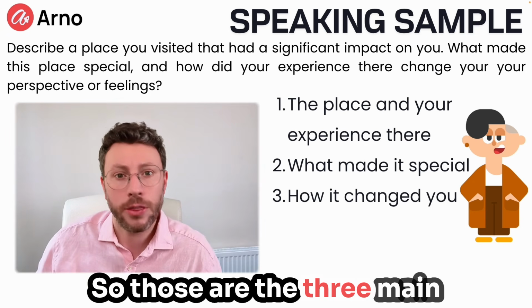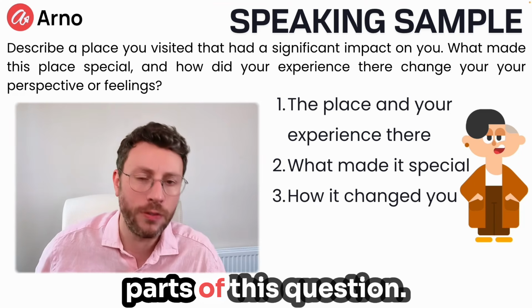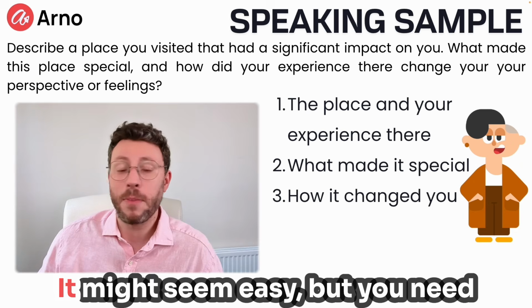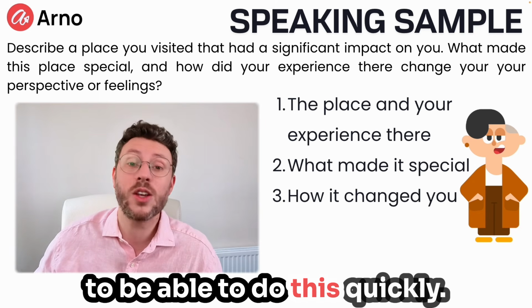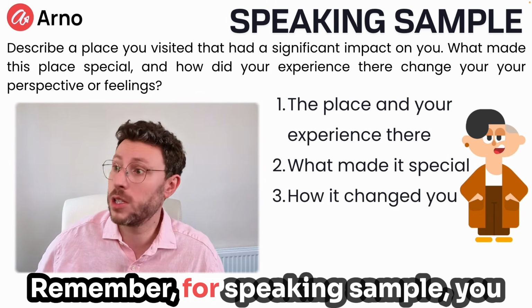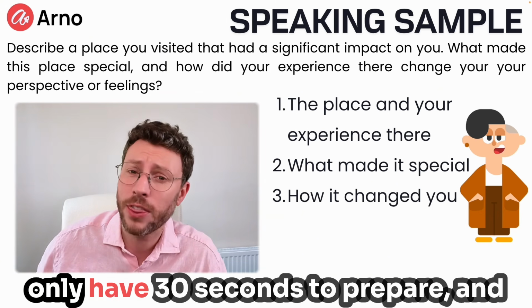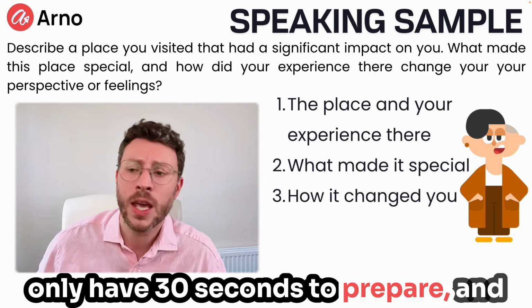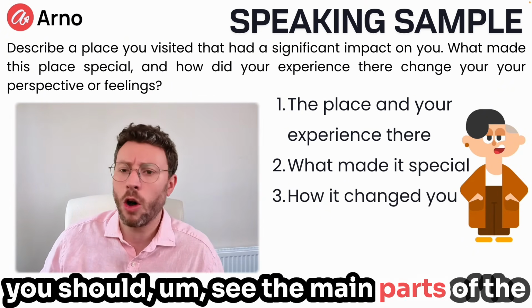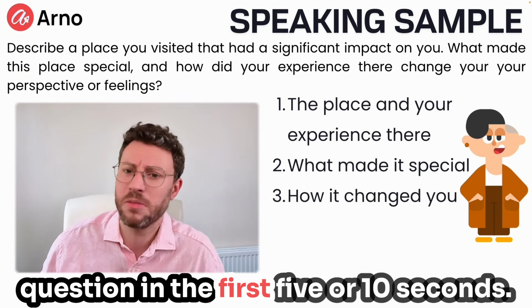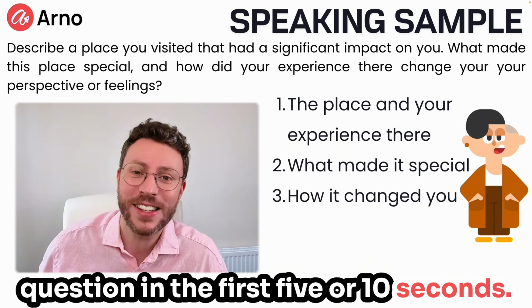So those are the 3 main parts of this question. It might seem easy, but you need to be able to do this quickly. Remember, for speaking sample, you only have 30 seconds to prepare, and you should see the main parts of the question in the first 5 or 10 seconds.